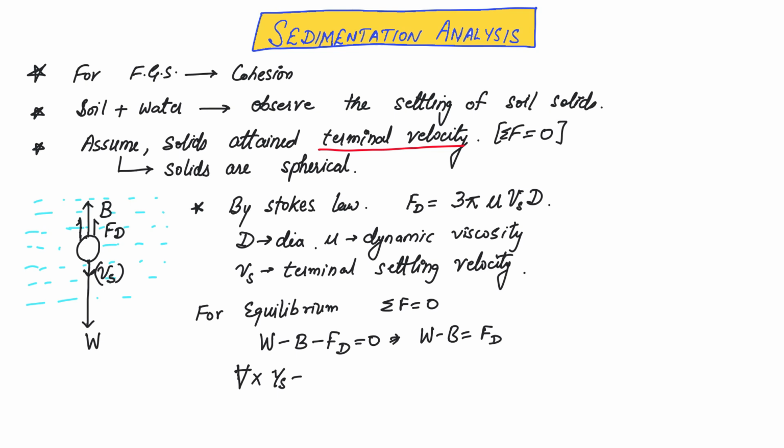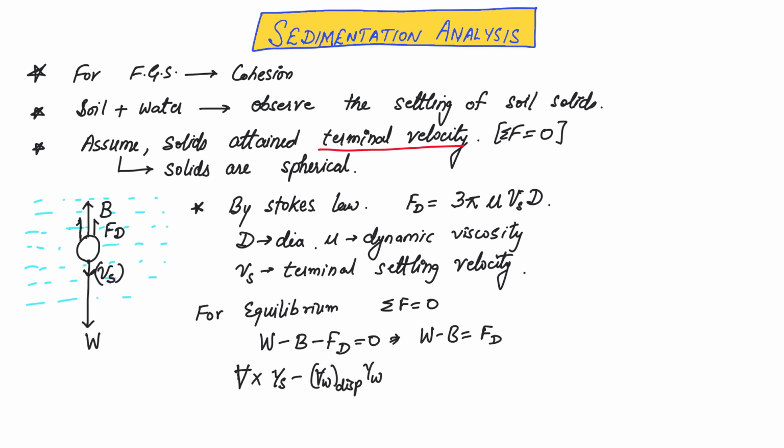Here this particular body will displace water having a volume equal to the volume of this sphere only. So the weight of the water displaced is the volume of water displaced, which is the volume of the sphere, into gamma w.